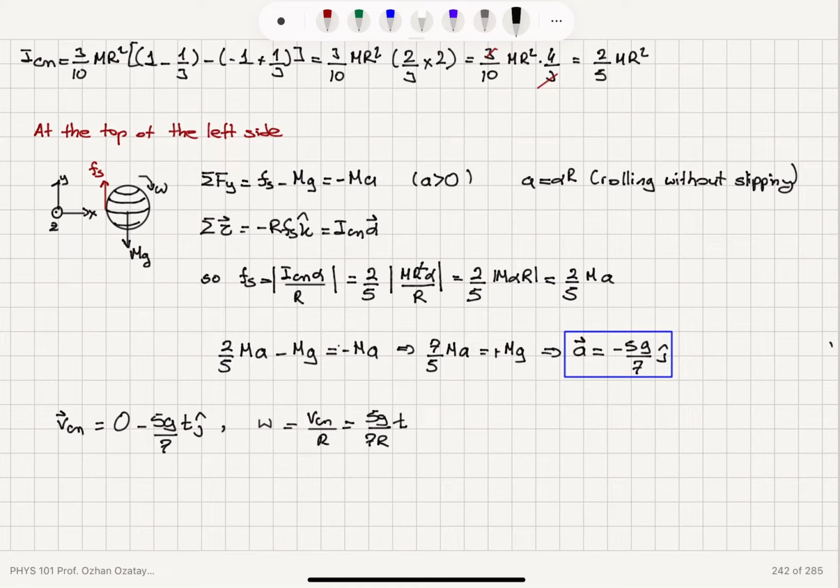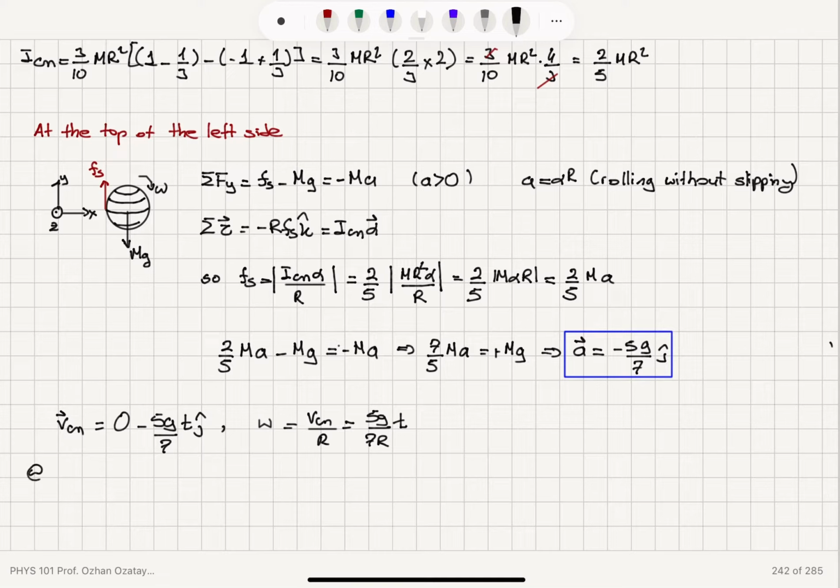Okay, so the marble will start accelerating with this acceleration, minus 5g over 7 in minus j hat direction, and then we will have an angular speed 5g over 7r t, so it's going to increase its angular speed in time, and the velocity of the center of mass is increasing in time, minus 5g over 7 t j hat.